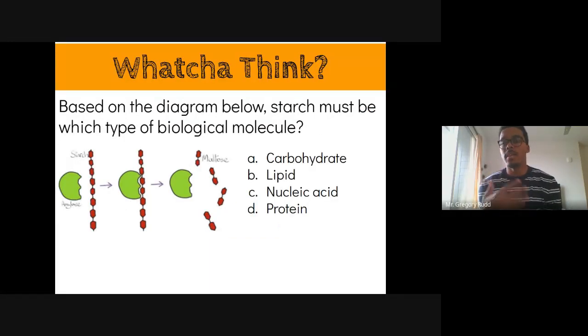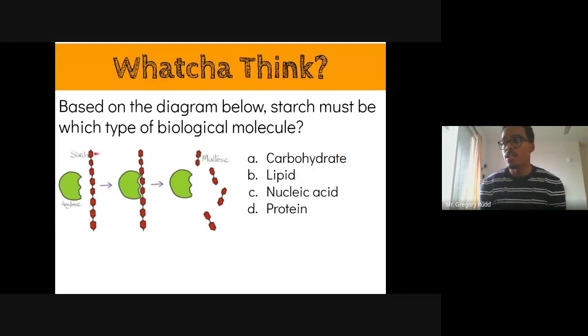All right, so we want to think about some potential test questions. Last week we introduced those 4 biological compounds, otherwise known as biomolecules, otherwise known as macromolecules, otherwise known as polymers. Based on the diagram below, starch must be which of those 4 biological molecules?